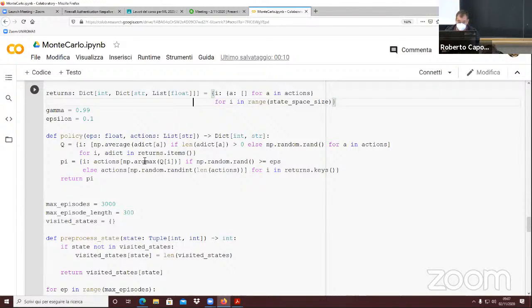And again, however, pi will be computed the same way, in the sense that for pi, I will do argmax of Q if the probability is greater than 1 minus epsilon, otherwise a random action. How do I do the argmax in that case?